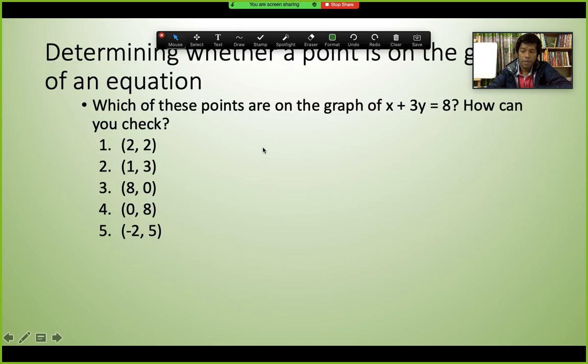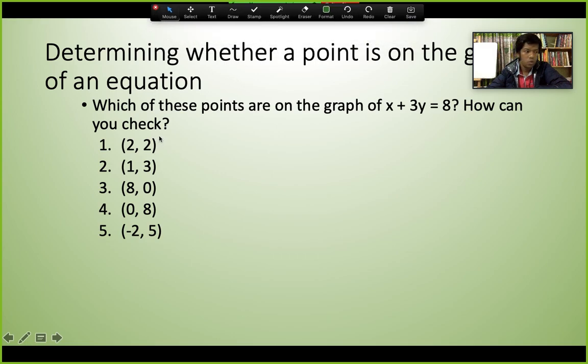Now let's come to another important concept, and that is which points are on the graph. What I mean by this is, say 2 comma 2, will this point be on the graph of this equation? How do we know that?